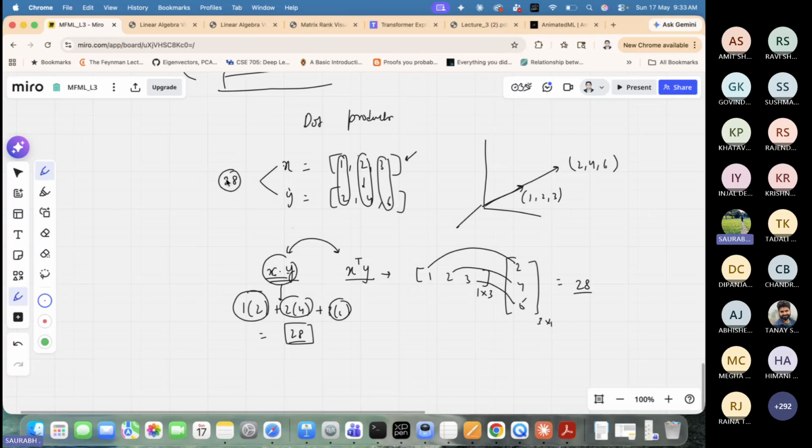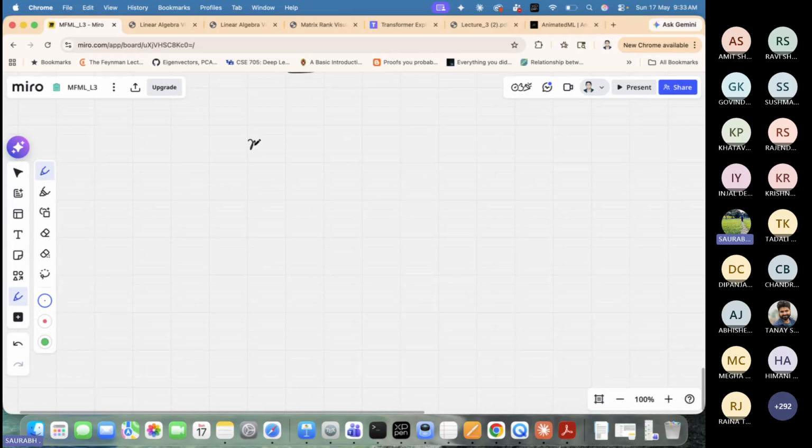Now there are problems also associated with it, but there are also certain good things about it. If x transpose y is greater than 0, it means that they are somewhat similar, somewhat aligned.